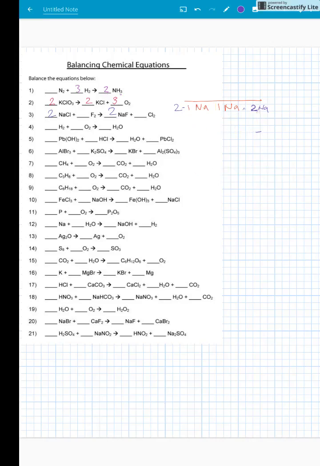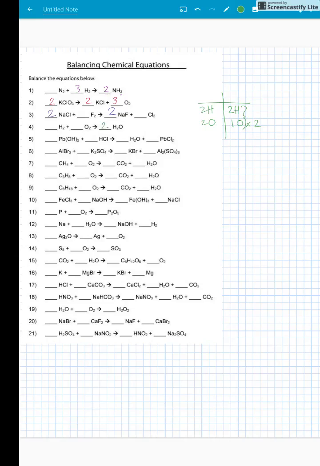Let's see. One side we have 2 H and 2 O's. And on the other side we have 2 H's and 1 O. So we can multiply this one by 2, which means we're going to modify the whole thing.